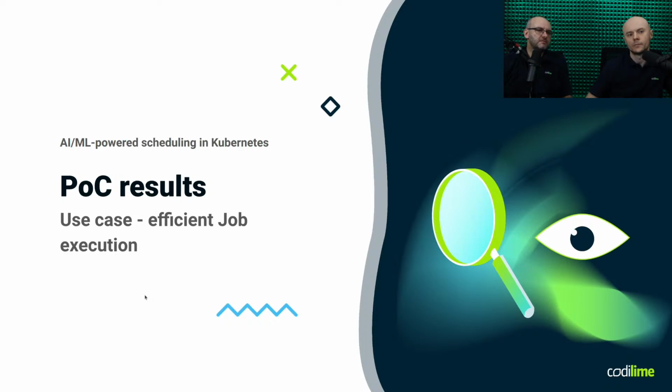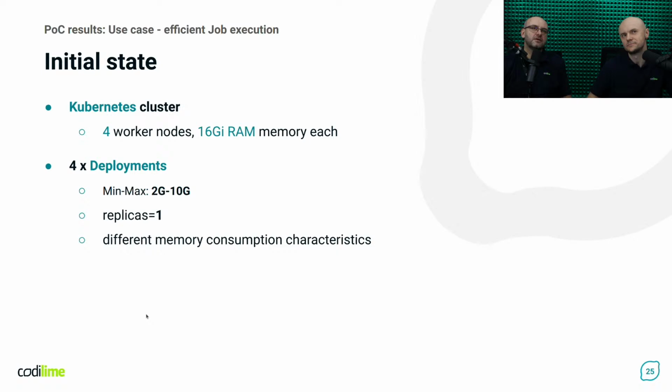Yes, we would like to demonstrate one use case we selected. We called it efficient job execution. I think my introduction to the concept will also help to understand this use case. We are using our cluster lab that consists of 4 worker nodes, each having 16 gigabytes of memory.